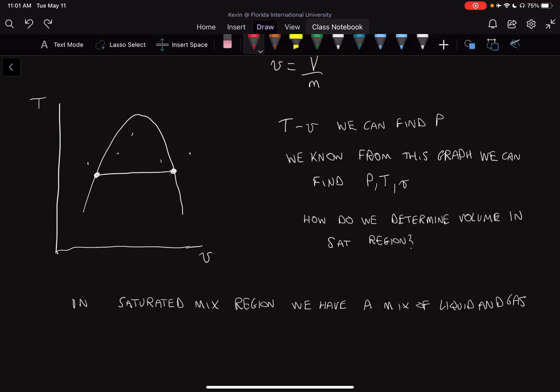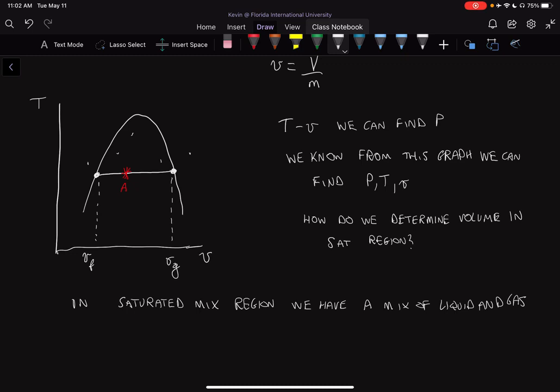Let's say our operating point right now is highlighted in red here, and it's going to be point A. And what we can say is that point A is between these two bounds on the outsides. We're going to call this bound VF, and this bound VG. So VF for V fluid and VG for V gas.